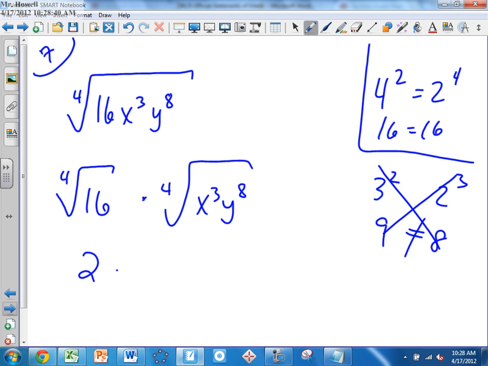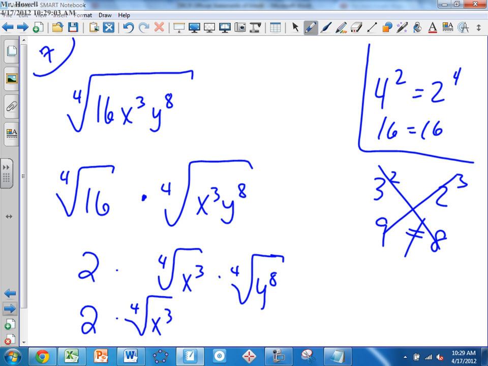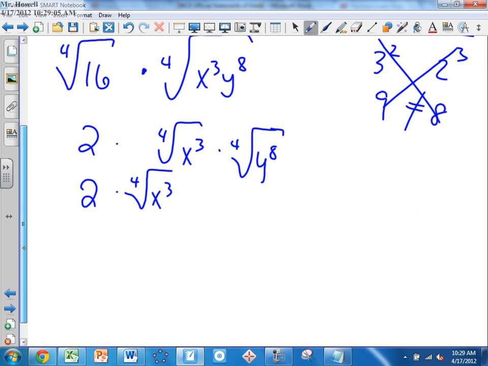So I should break this one up so that I see something like this now. I'm breaking up anything that is a perfect fourth. So this can be reduced, as we said. 8 divided by 4 is just 2. So this becomes 2 on the outside times the fourth root of x cubed times just simply y squared.